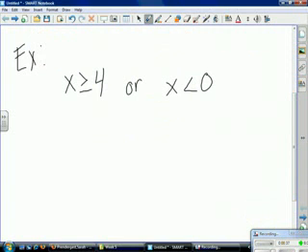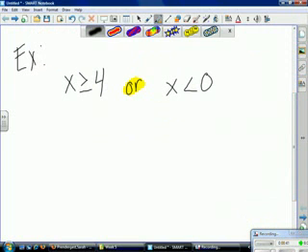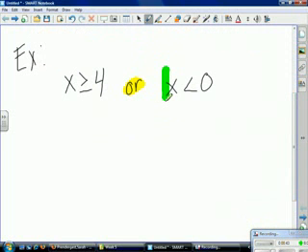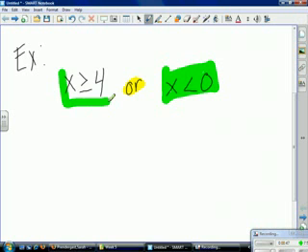We know this is an OR inequality because it is separated by the word OR, and we know it's a compound inequality because it is telling us two things about the same variable. The first thing is that x is greater than or equal to 4, and the second thing is that x is less than 0. Same variable, but two different things separated by the word OR, so we know we have an OR inequality.